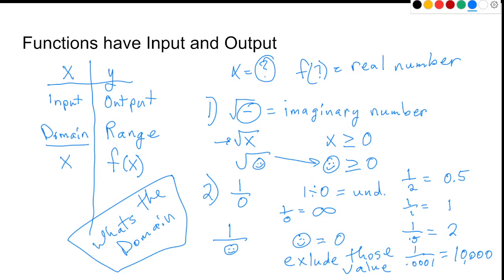Trig functions will have some issues because of this division by 0, but so far, these are the only two things we're really looking at. If we don't have either one of these things, then the domain will be all real numbers. We could use anything, and we'll denote that as negative infinity to infinity for everything else.